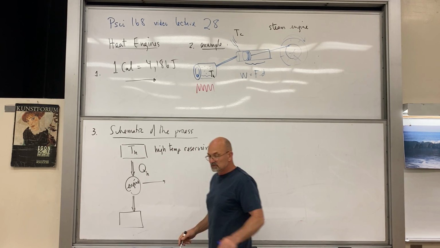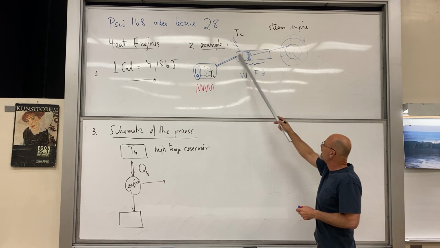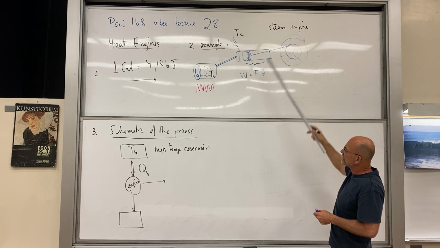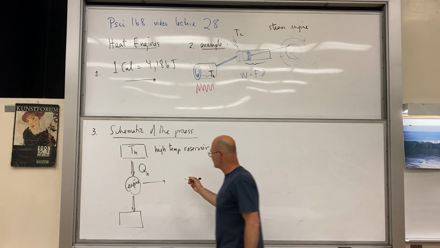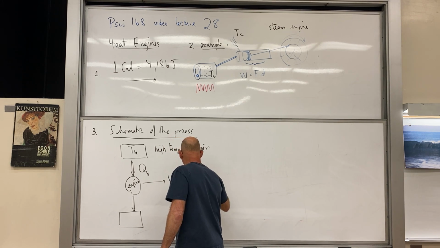And what does it do? It's kind of like here, it receives some energy, that heated steam, and it does some work. So this arrow represents the work that the engine does.